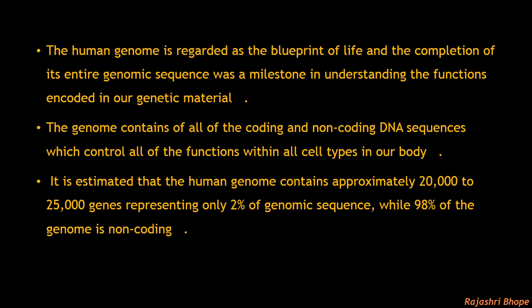There are 20,000 to 25,000 genes present in humans, which represent only 2% of the genomic sequence, while 98% is non-coding region. Remember, the human genome is much larger than other organisms' genomes, but only 2% codes for protein and RNA. The rest, 98%, is non-coding.